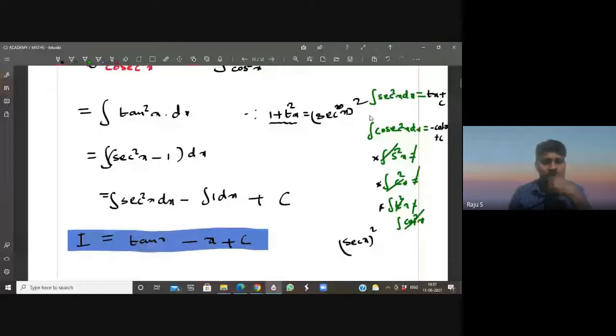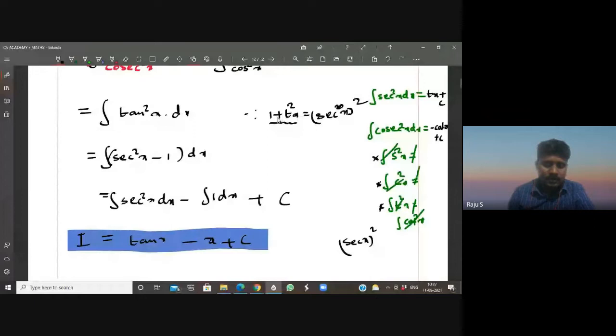Secant x becomes 1 plus tan square x, but the integral becomes tan x only for the derivative alone.